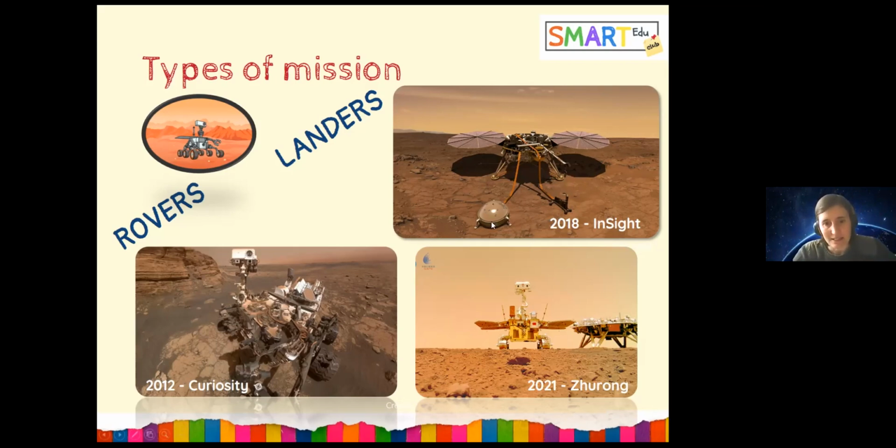And this bulge here, this instrument, you can see, this kind of dome, this is a seismometer. Do you know what a seismometer is? Anybody knows what a seismometer is? Okay, I can see someone saying no. Patrick, maybe you can help us.